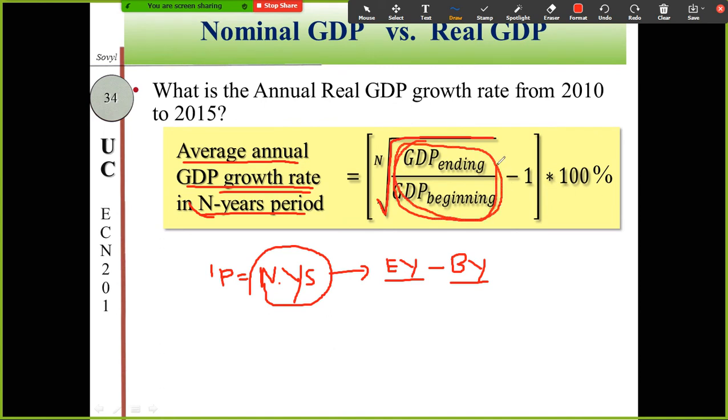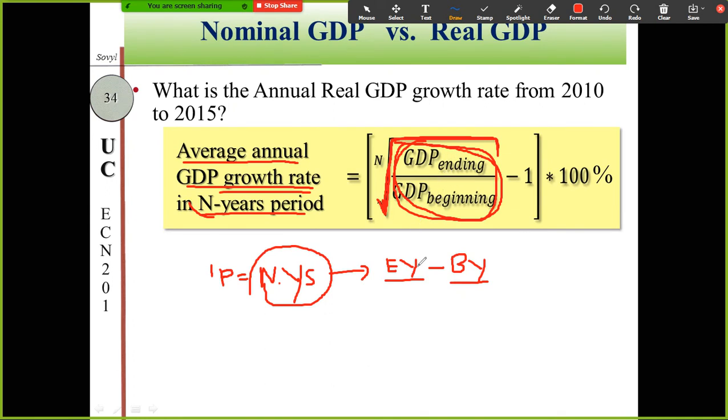How about minus 1? Minus 1 is not taken into the root. That's why minus 1 is outside the root. The root is on ending divided by beginning only.